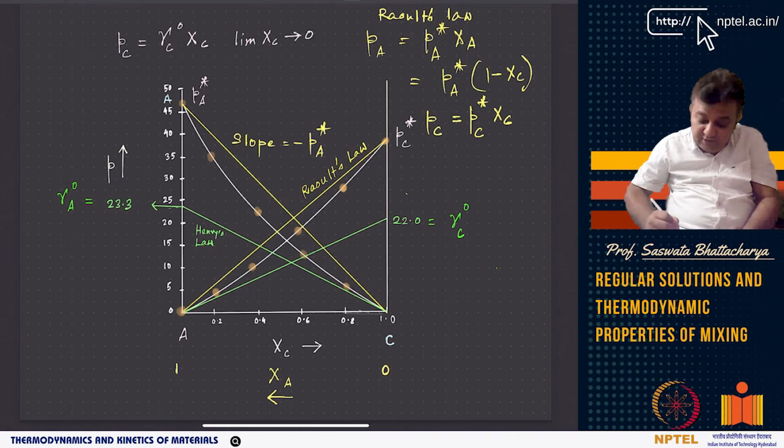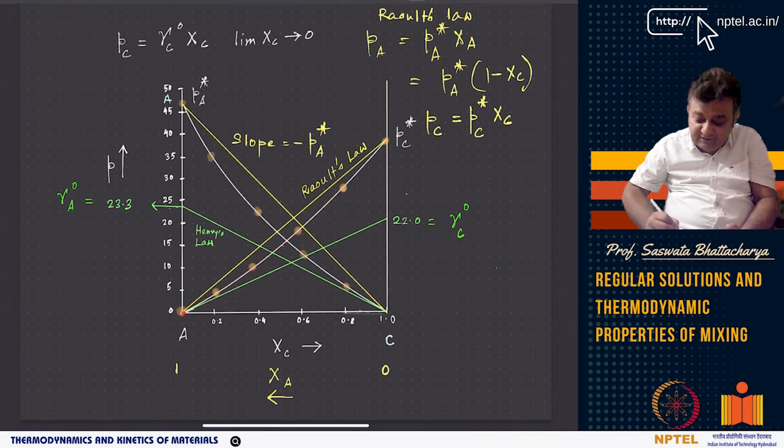So for chloroform, you will draw a tangent to this white curve that you have interpolated through the data points. You have these data points, this one, this one, this and this, and this guy and this guy. Now this white line is a curve, right?